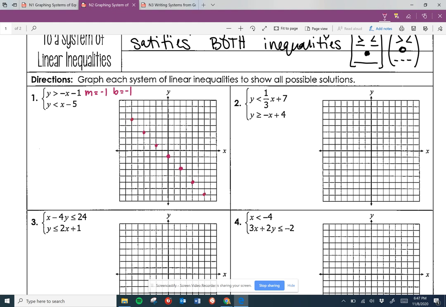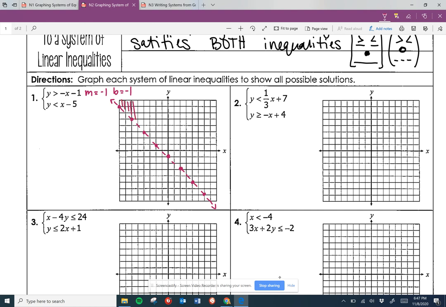So this is going to be a dashed line. The line is dashed because we have no equal to, and also this is a greater than, and so this is going to be shaded above. So I'm not going to shade in this whole area. I'm just going to do some streaks to let you know which area would be the shaded region.